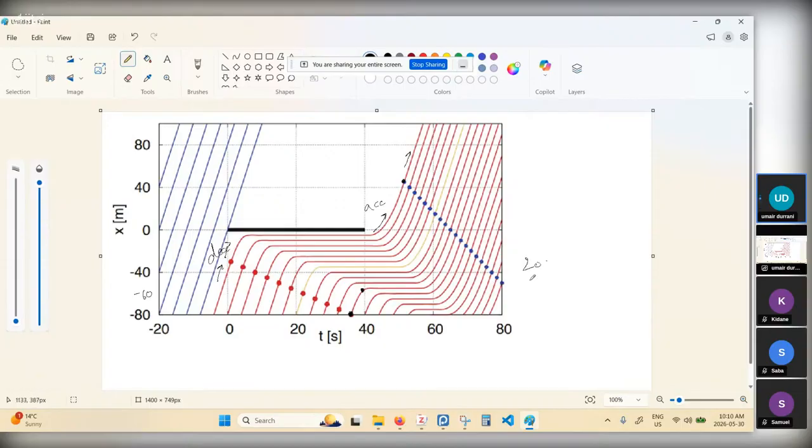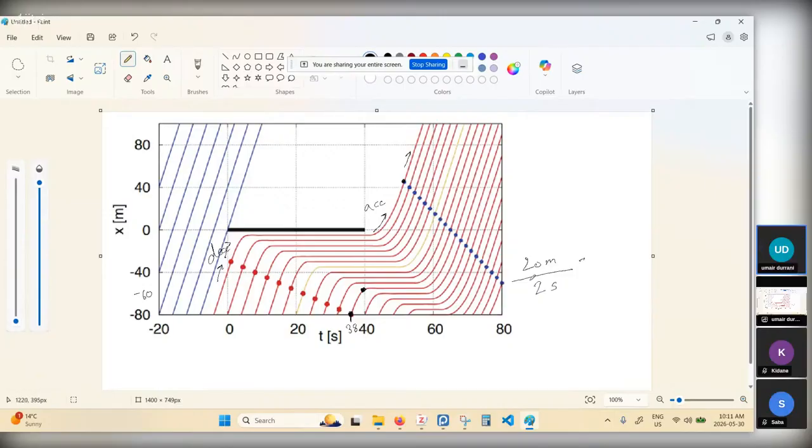So 20 meters divided by the time that it's taking them to completely stop. So this is about 38 seconds, and this is very close to, or we can actually take this as 40. So this is 40 seconds. So it's about 2 seconds.